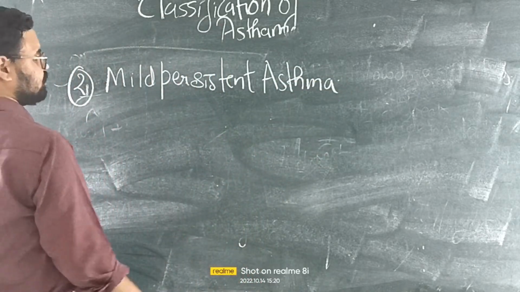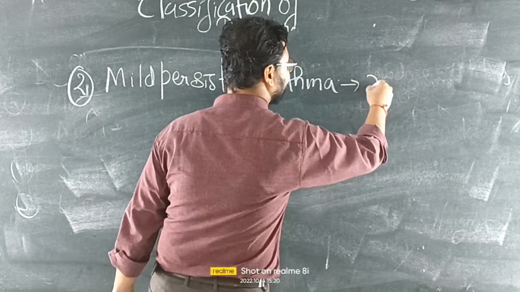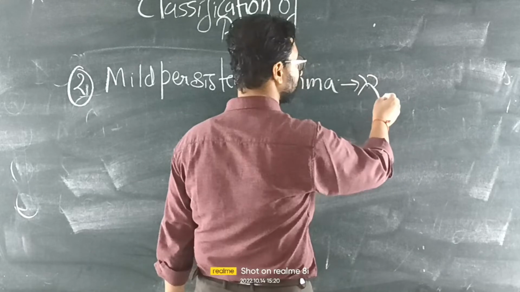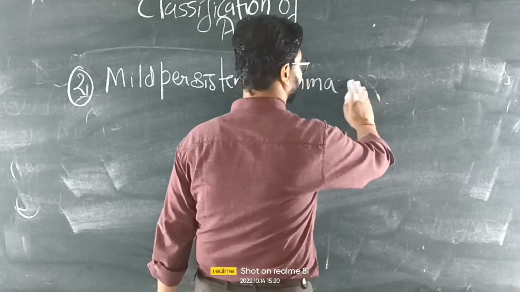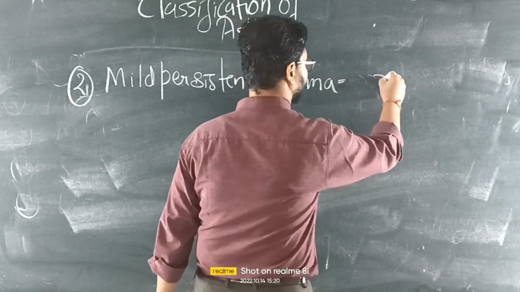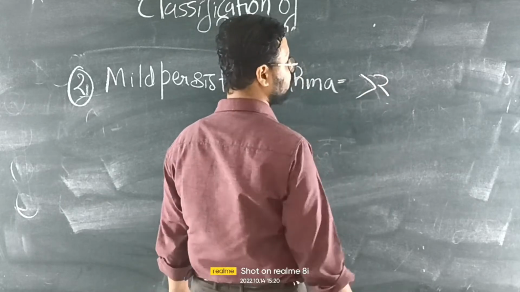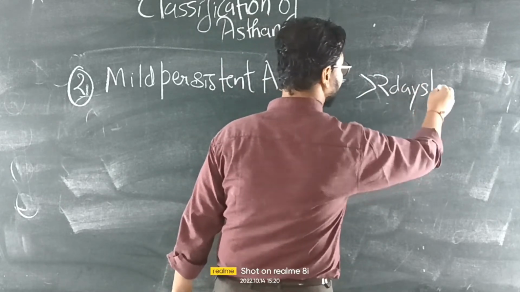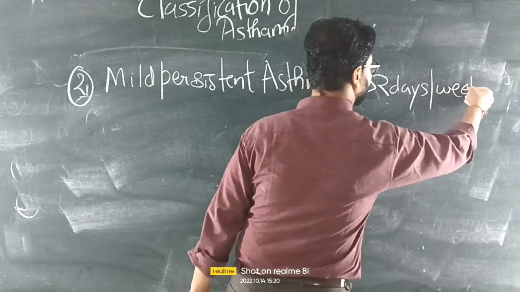In mild persistent asthma, I already mentioned the episodes of asthma will be more than 2 days per week.